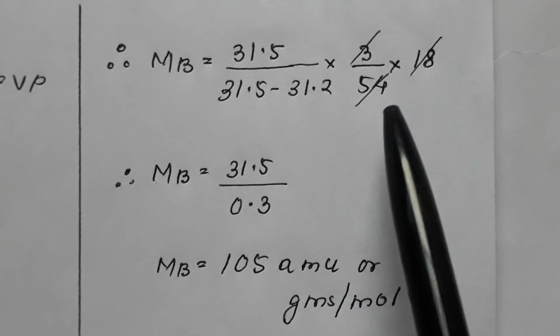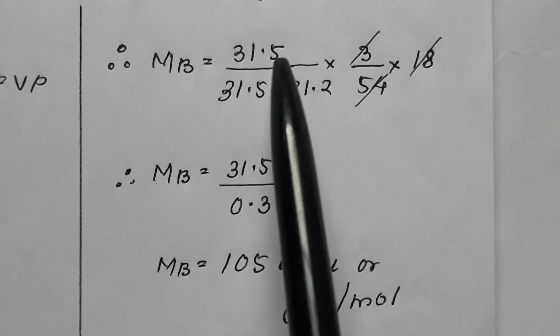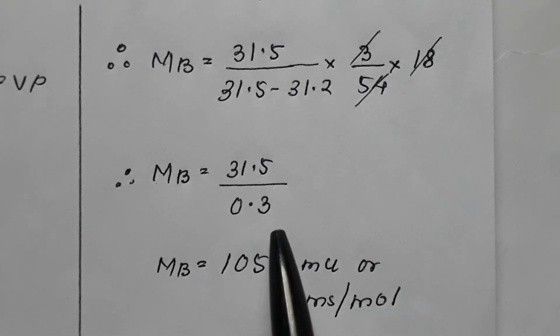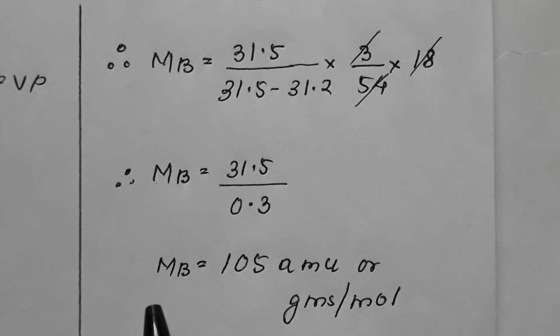So 18 into 3 and 54 get cancelled out. It becomes 31.5 upon the difference, which is 0.3. 31.5 divided by 0.3 gives you the value of MB, which is 105 AMU or grams per mole. So this is how we have calculated the molecular weight of unknown solute.